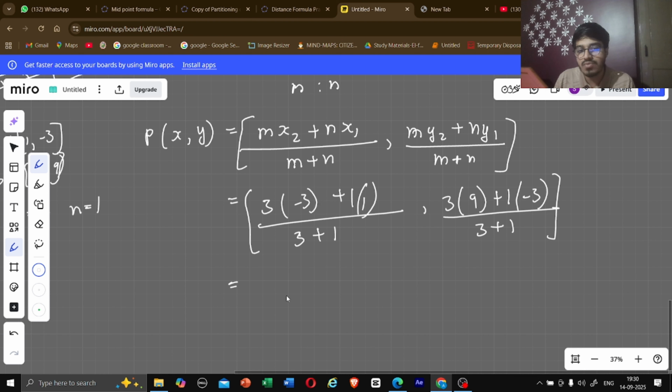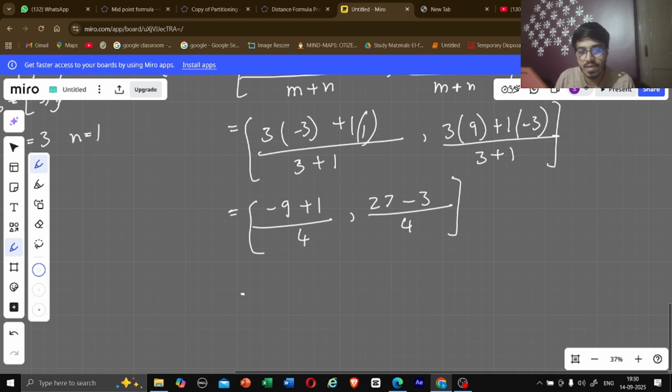So what is 3 into -3? It's -9, plus 1 into 1 is 1. So 3 plus 1 is equal to 4. Then 3 into 9 is 27, plus 1 into -3 is -3, and 3 plus 1 is equal to 4. -9 plus 1 is -8 by 4, and 27 minus 3 is 24 by 4.